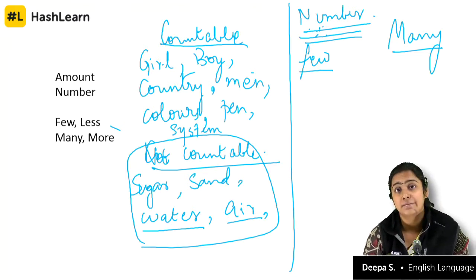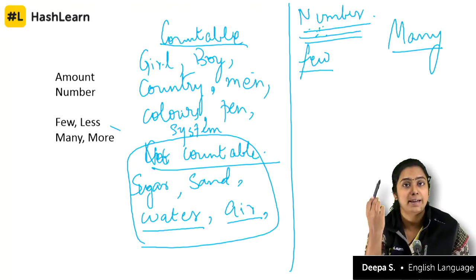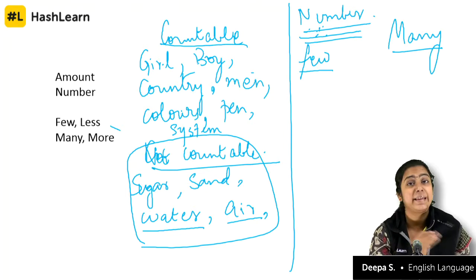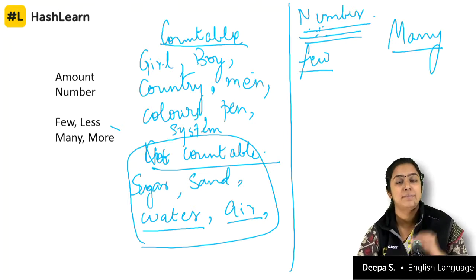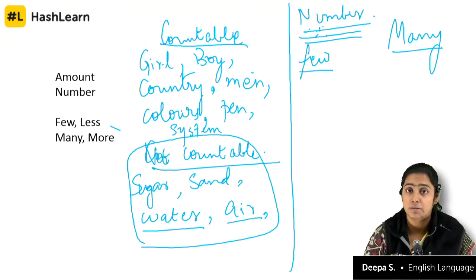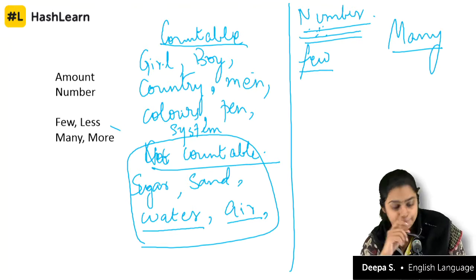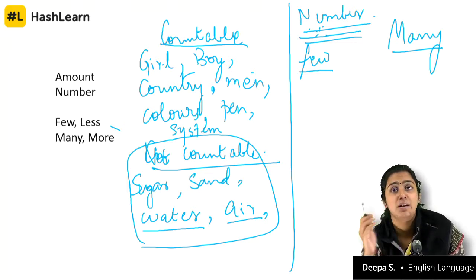I looked at many pens and then bought this. Many systems have failed where this system has come out with flying colors. Okay, so remember that you cannot say much men or much countries, much boys, much colors.